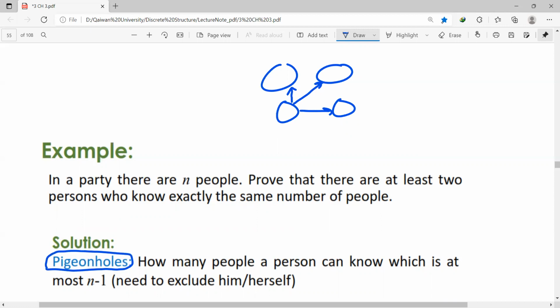That means here there are at least 2 students who have relations with the same number of other students. This means there are 2 people who know the same number of people.